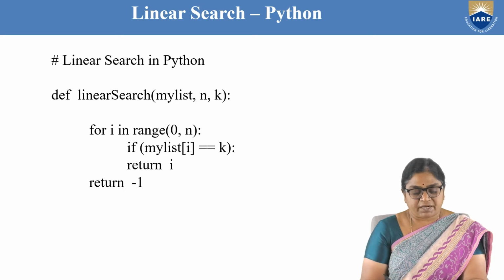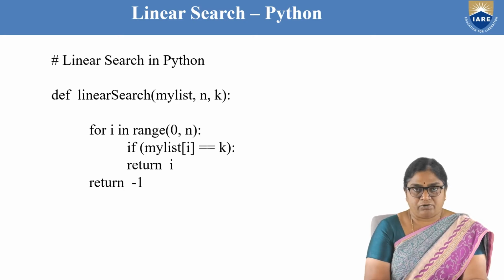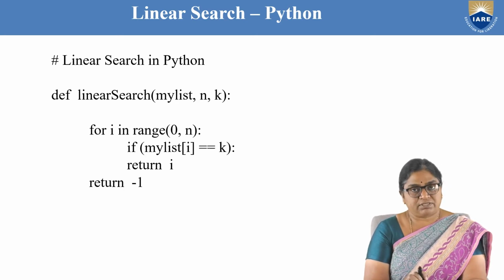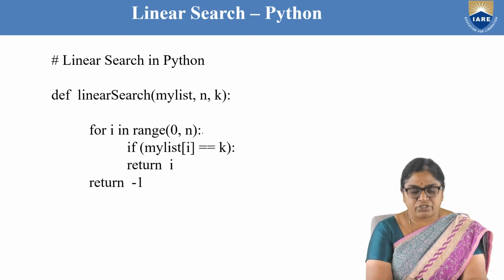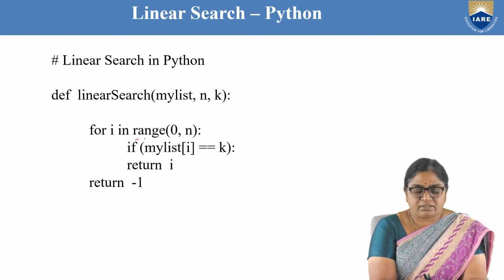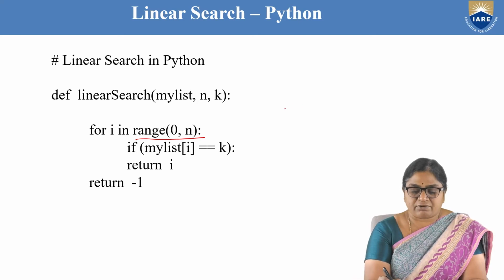After getting those parameters, we are running a loop according to our algorithm which we discussed in the earlier slides: for i in range 0 to n. This range method will start from the 0th index till n minus 1. N is exclusive. So it will take the indices from 0 to n minus 1.